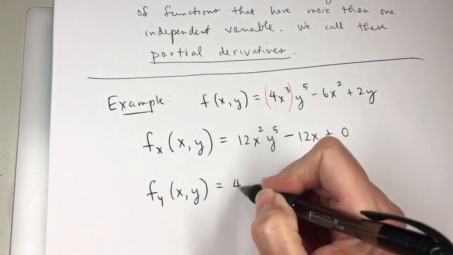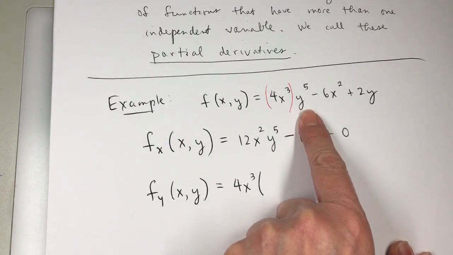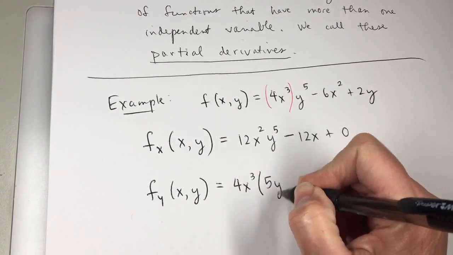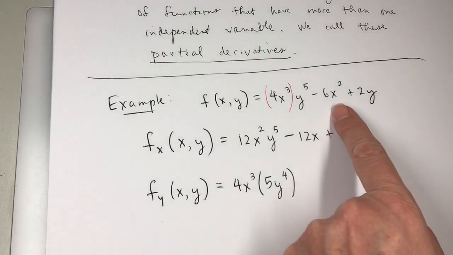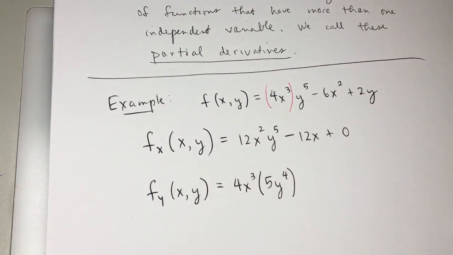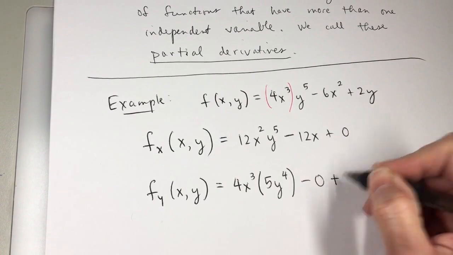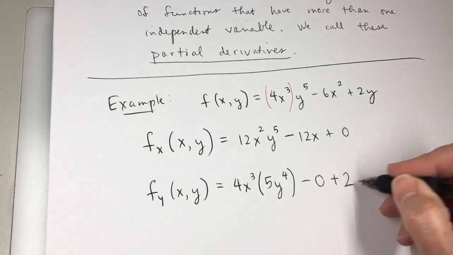I'm just going to write it, 4x cubed times, what's the derivative of y to the 5th? 5y to the 4th. 6x squared is a constant, so that derivative is 0. And then 2y, I'm doing the derivative with respect to y, so the derivative of 2y is 2.